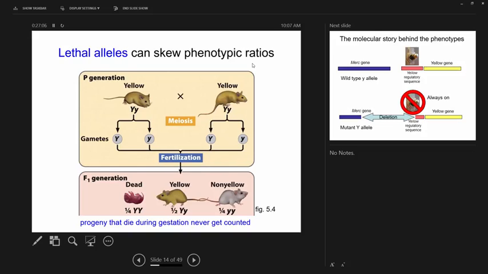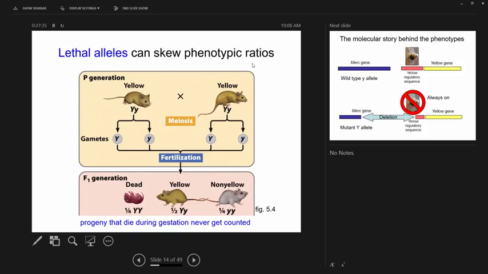They found yellow mice, right? They determined from crosses that yellow was dominant to other colors like gray or white. But no matter how many crosses they set up with yellow mice, they could never get a true breeding line. They always got progeny in there that were not yellow.